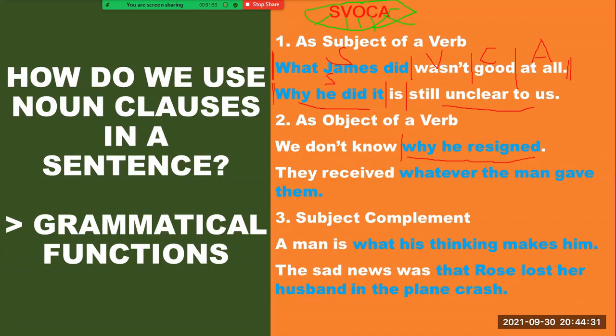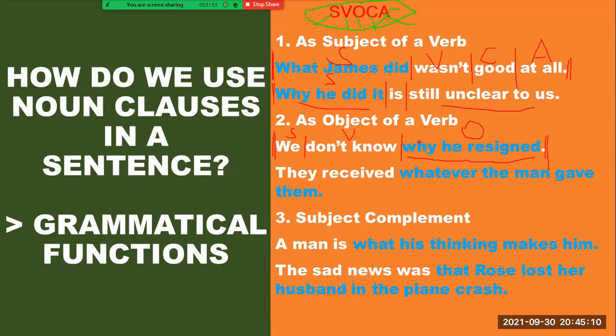And if we analyze this sentence, then we begin with the first element here, which is we, that occupies the subject position. Don't know is the verb, and then why he resigned is the object. As I earlier explained, the object is the receiver of an action in a sentence, while the subject is the doer of the action, or the person or thing we are talking about.